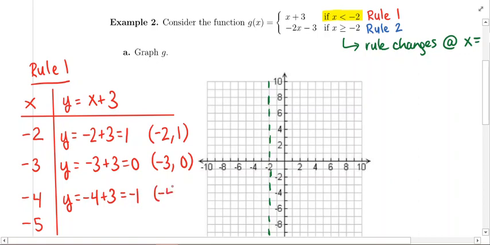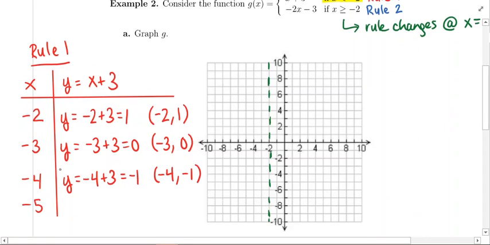You can do more, and the more you do the better it looks, but you don't want to do too many. If x is negative 5, y is negative 5 plus 3, which is negative 2, so that's the point negative 5, negative 2.